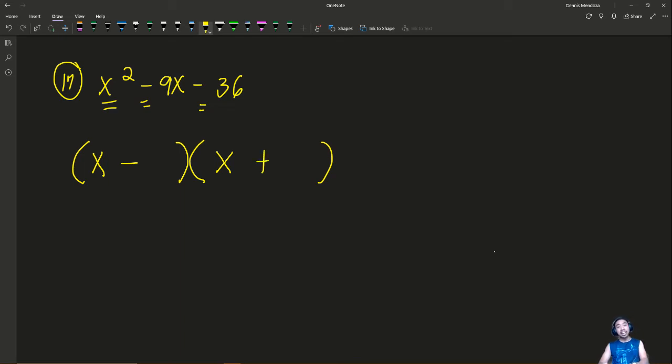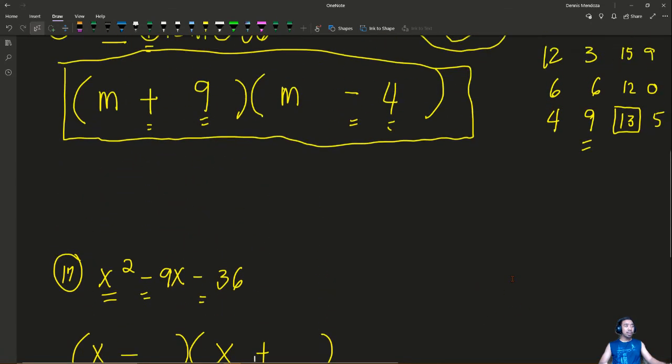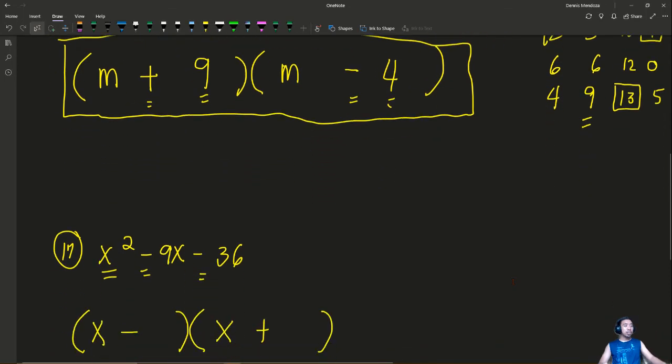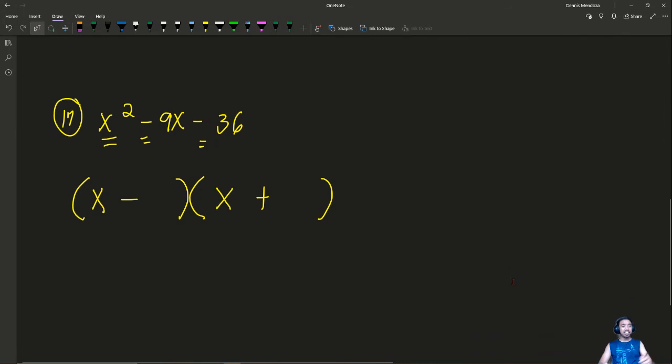Okay, so it's a negative and a positive. Now, check the factors of 36 again. So looking back on the factors that we have earlier, 9 appeared here. Okay, so we could consider 12 and 3. Okay, let's see. 12 and 3.